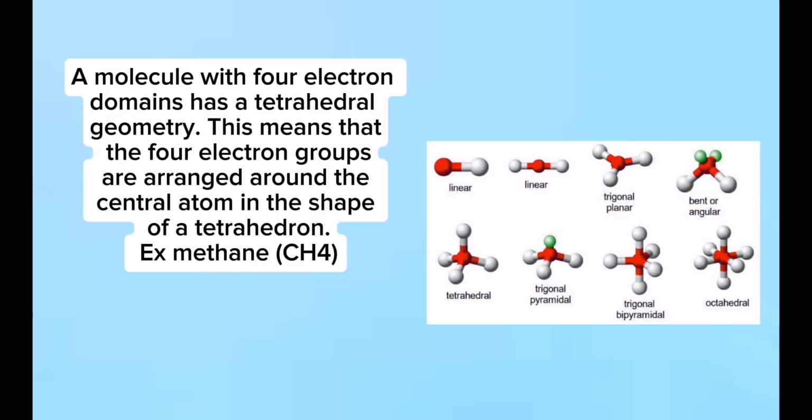This theory provides a simple yet effective way to predict the shapes of molecules based on the repulsion between electron pairs around the central atom, helping to explain the molecular structures and bond angles in a variety of compounds.